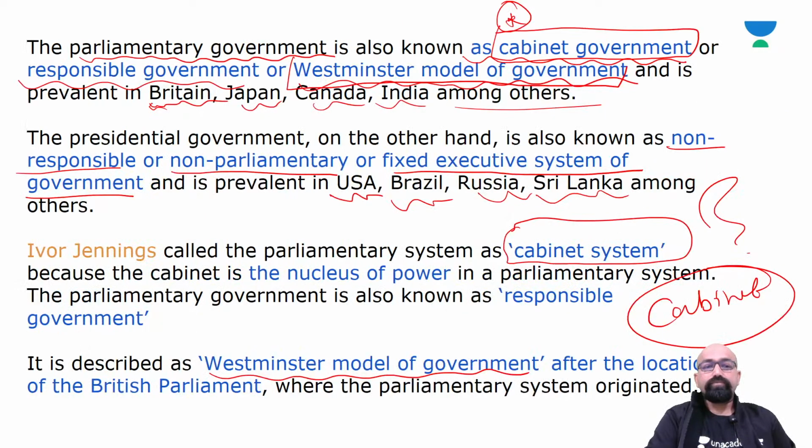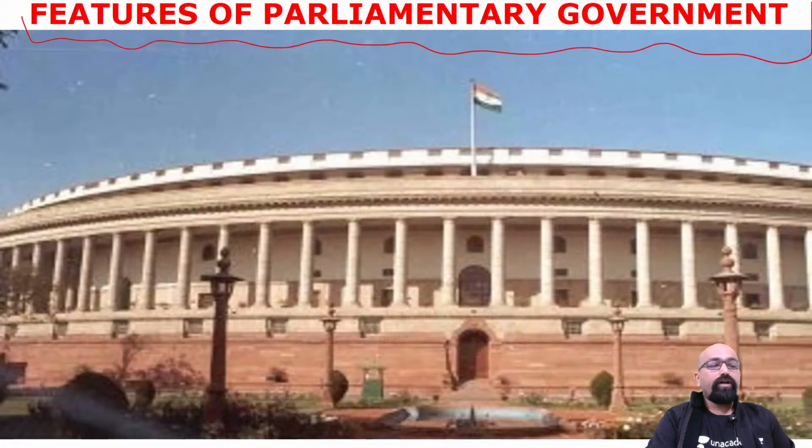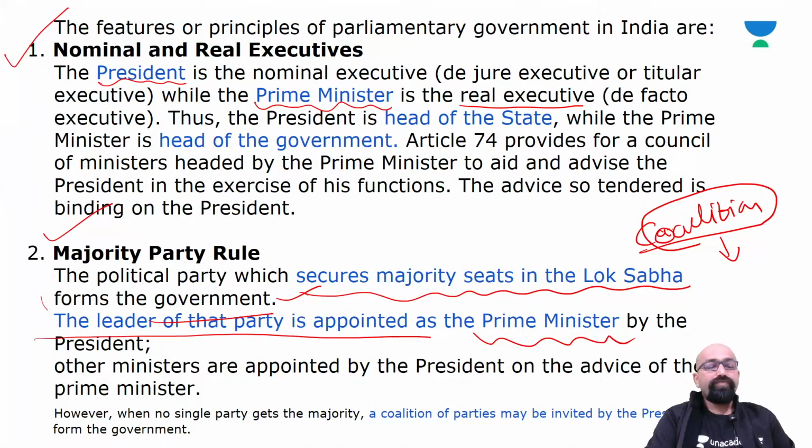Yes, the parliamentary government system is also known as cabinet government, responsible government, or Westminster model of government. Right. Now, we have studied features like nominal and real executive. So, the president is the nominal executive while the prime minister is the real executive.